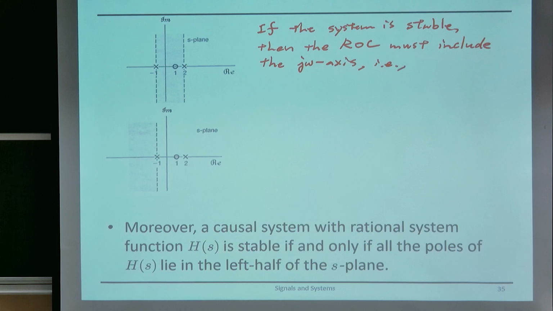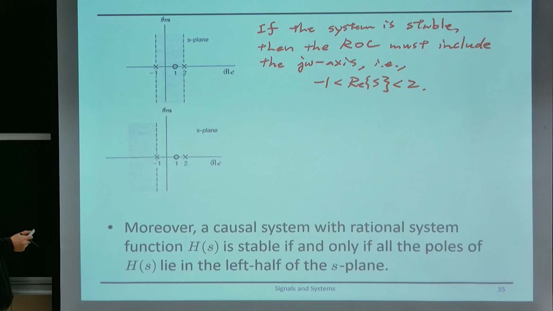Or in other words, it is the region corresponding to the real part of s being greater than -1 and less than 2. So by the fact that the system is stable, we know that the ROC is this strip here. So the ROC is to the right of -1 and to the left of 2.